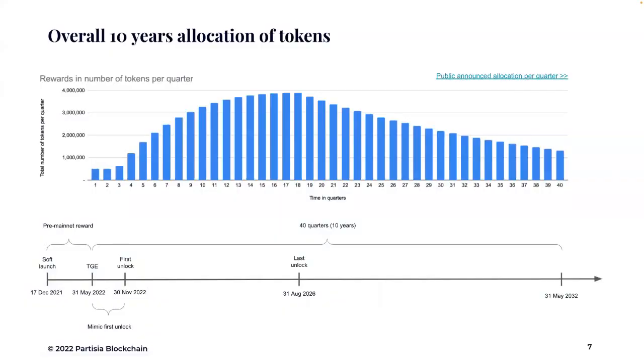All right, so the first step is to take these 100 million tokens and delegate them into the different quarters over a 10-year period. We had some allocated for pre-mainnet, then we have the rest in mainnet across these 40 quarters. So here we have the numbers, and you can see that it's a growing number, and then it drops after some time.